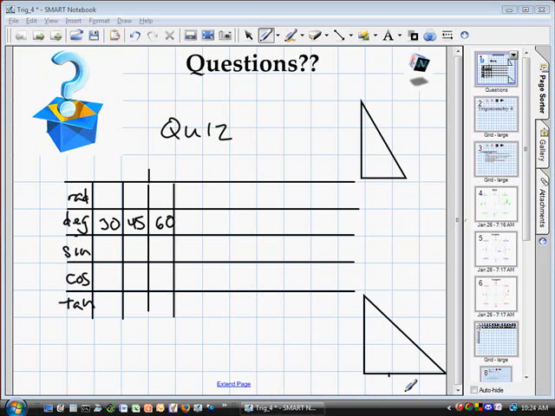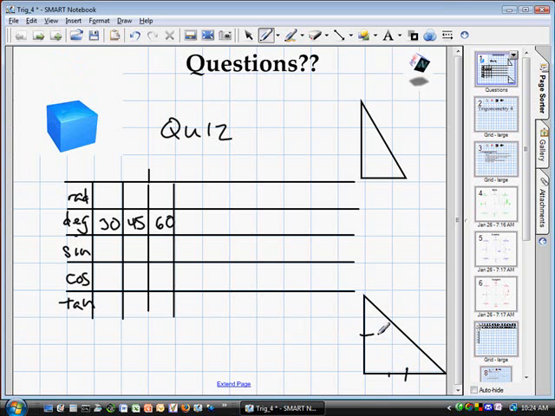So I drew a couple triangles up here. This is the isosceles right here. So these are both 45. So these two sides are of equal length.